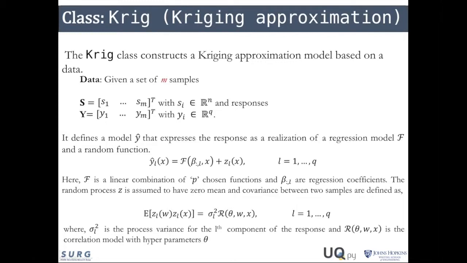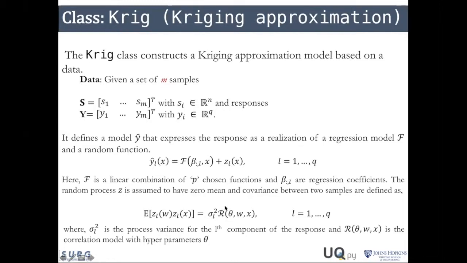So this regression model, in the Krig class, there are three inbuilt regression models, that is constant, linear, and quadratic, which can be used. And for this random function, it has basically zero mean, and the covariance between two samples can be defined like this, where sigma is the process variance, and this R is the correlation model.